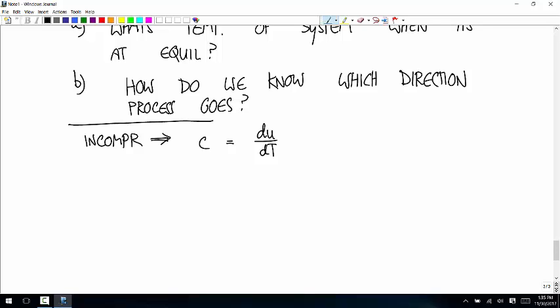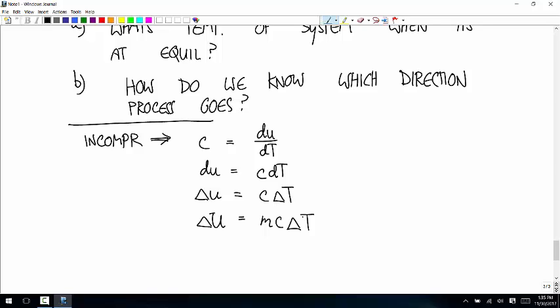And so du is equal to C dt, or delta specific energy is equal to C times delta temperature. And that means that the change in internal energy is equal to M times C times delta T.